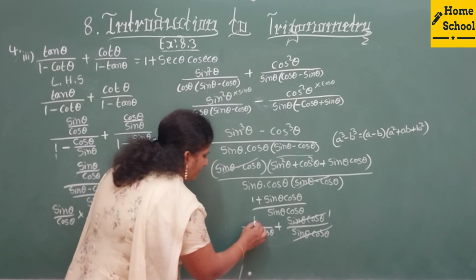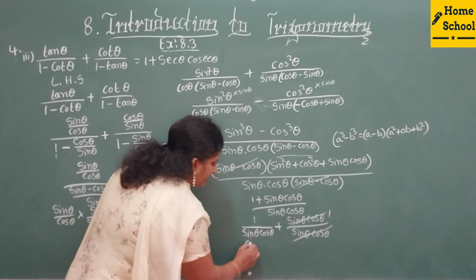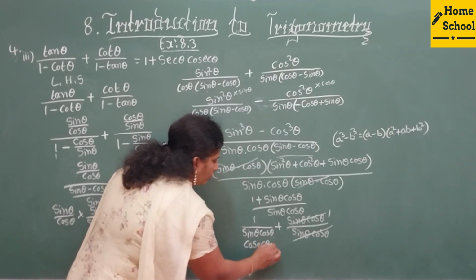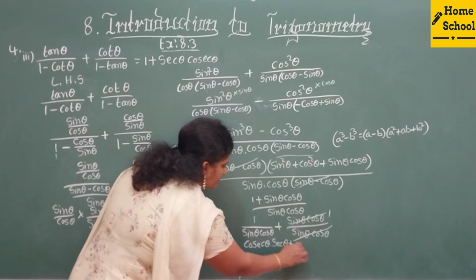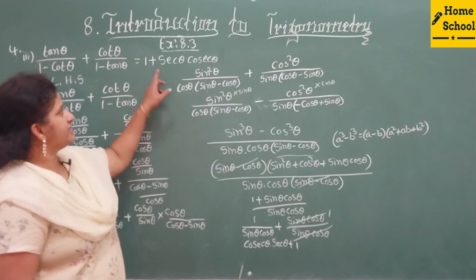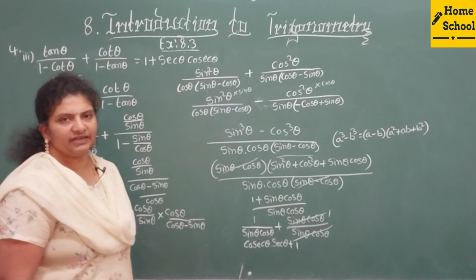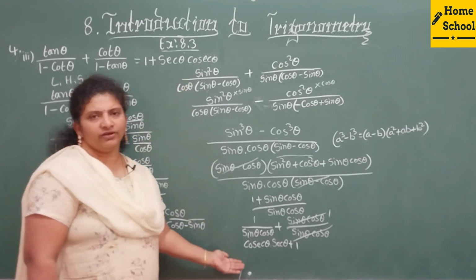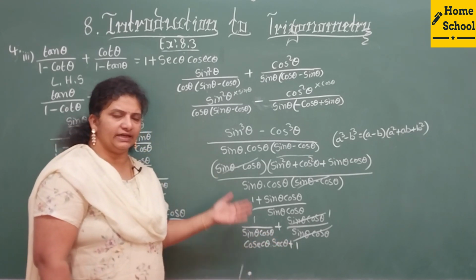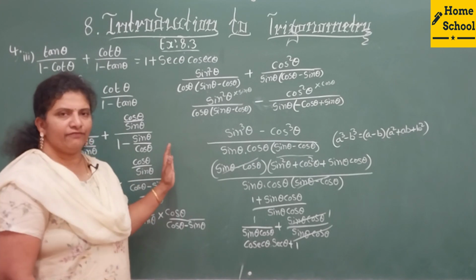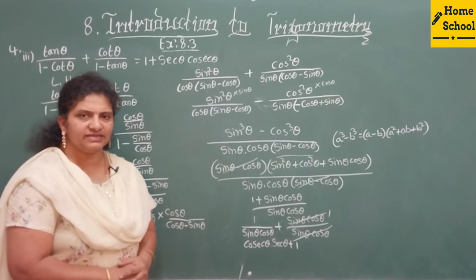That becomes 1 by sin theta is cosec theta into 1 by cos theta is secant theta plus 1. Observe your RHS, 1 plus secant theta cosecant theta. That only we got, 1 plus secant theta into cosecant theta is equal to RHS. Therefore, rewrite the question and say hence it is proved.